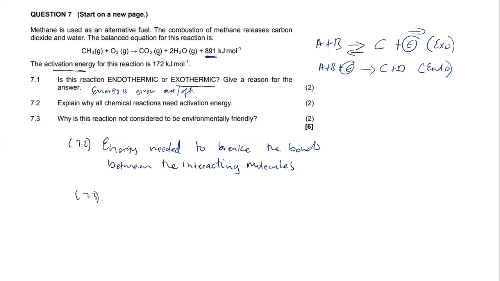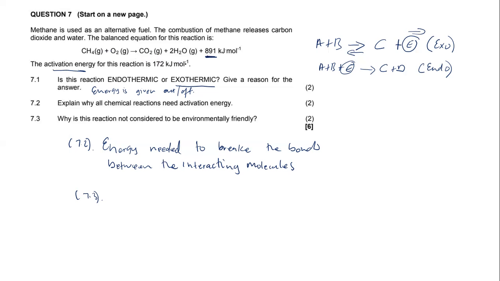We know that there are unwanted gases in the atmosphere which break the ozone layer. And when the ozone layer breaks off, what is going to happen to the whole planet? It's going to lead to global warming.